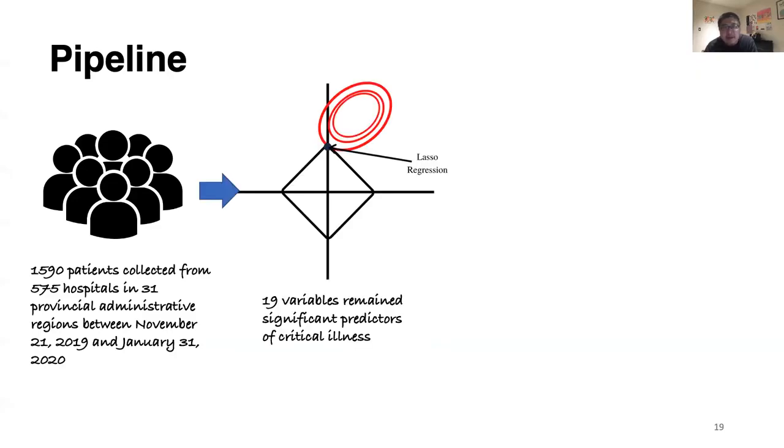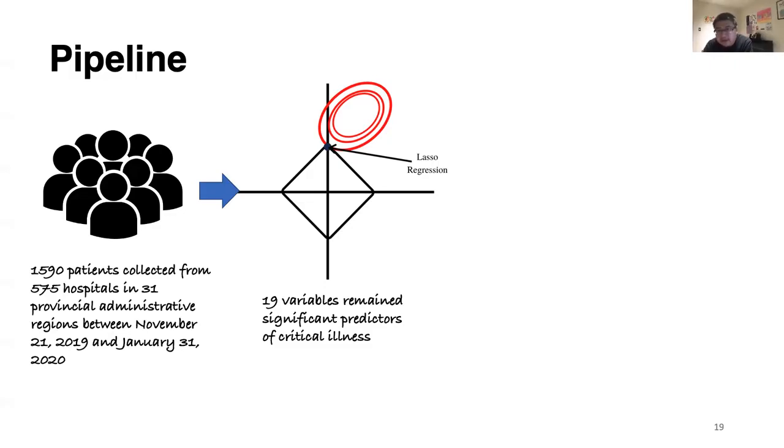Because they want to define whether a patient is critically ill or not, they defined the severity of COVID-19, severe or non-severe, based on American Thoracic Society guidelines for community-acquired pneumonia, given the extensive acceptance of this guideline. They defined critically ill COVID-19 as a composite of admission to intensive care unit, invasive ventilation, or death. This is a composite outcome.